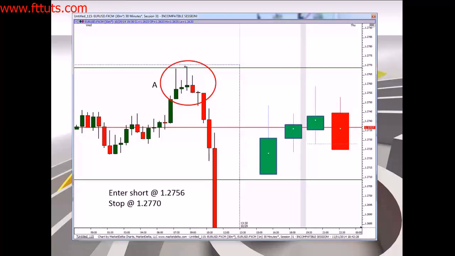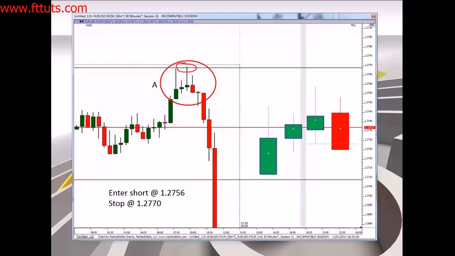The risk management parameters would be based on our profile. Notice our value area high, so we would place our stop up there. We would enter short as soon as we take out the low of this prior candle, so the entry would be at about 1.2756 with a stop at 1.2770.